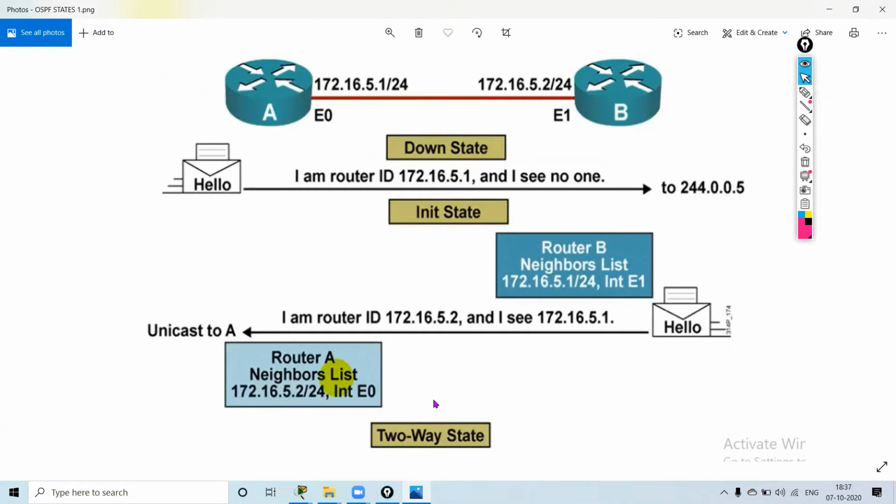They will share the LSDB with only the DR router and BDR router. Every router will share the link state database or any update with the DR and BDR router only. And with a DR other router, the state will be stuck at two-way state. Means they will just know each other that I am on the network, that's it.